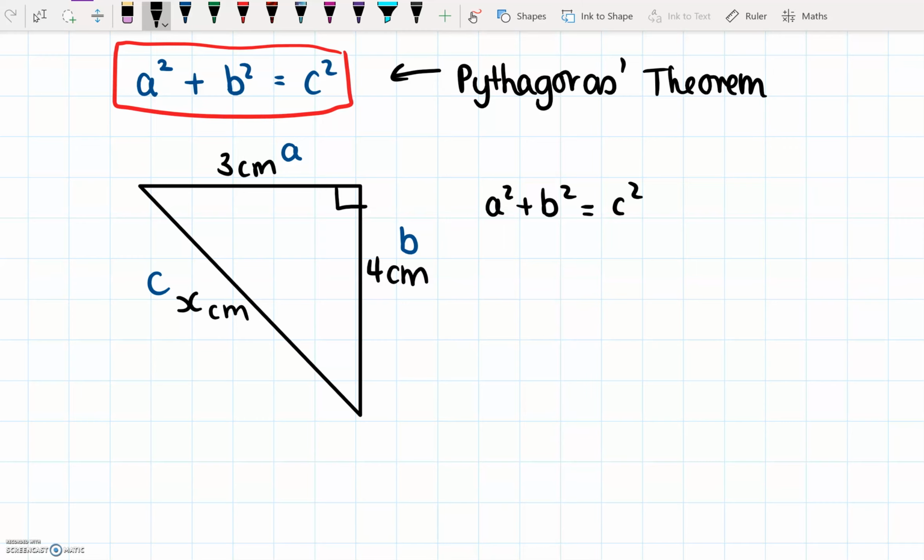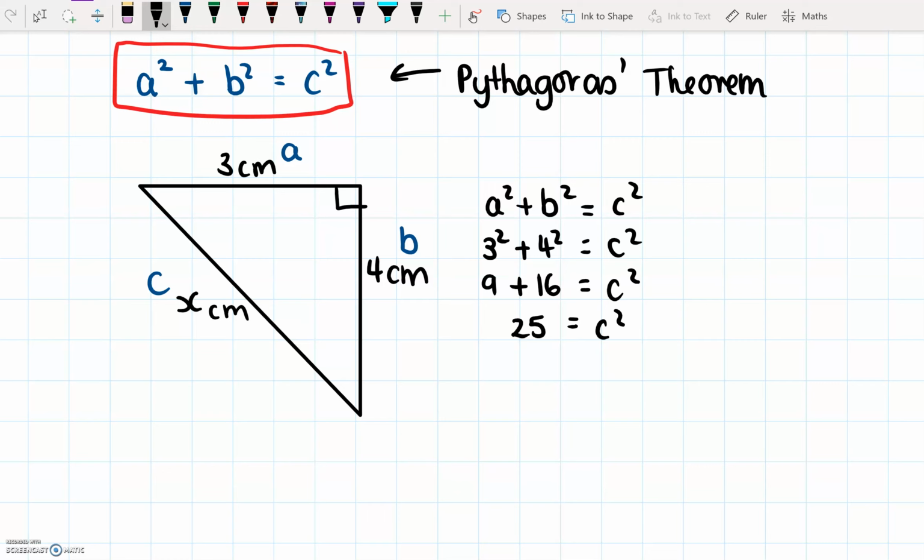We know that A is 3, so we put 3 squared plus B is 4, so 4 squared is equal to C squared. 3 squared is 9 plus 4 squared is 16 is equal to C squared. Now 9 plus 16, if you add those together, you get 25 is equal to C squared.